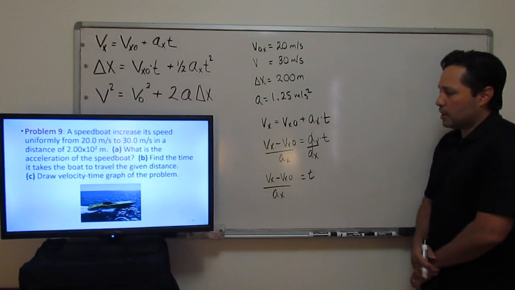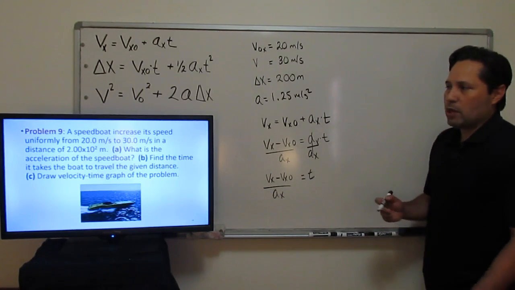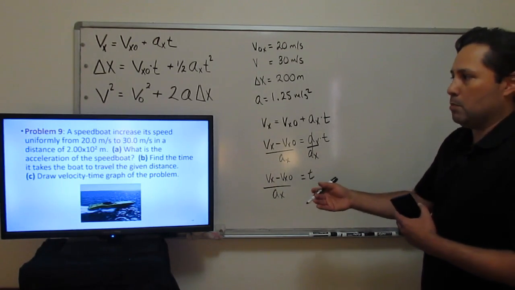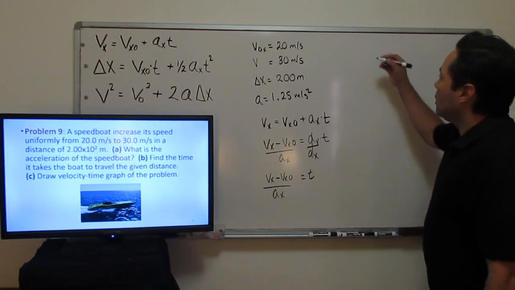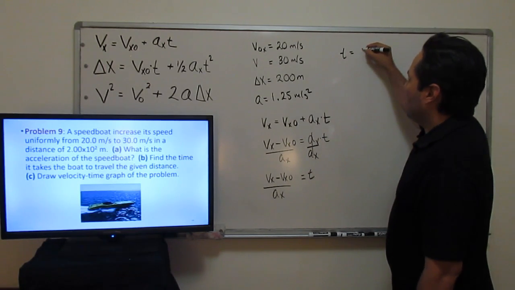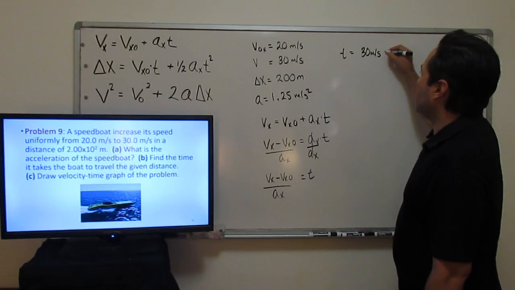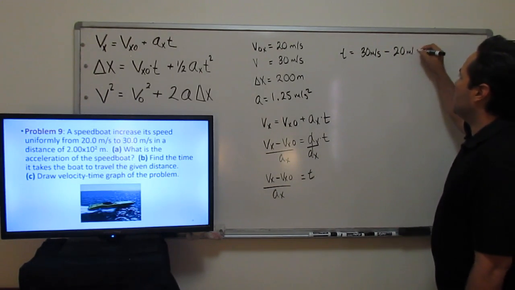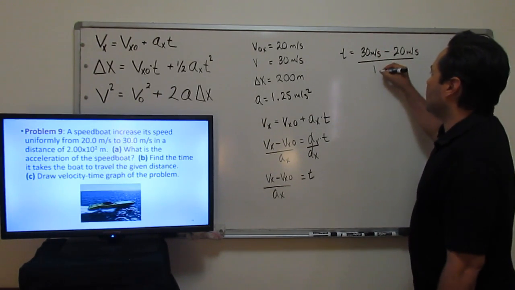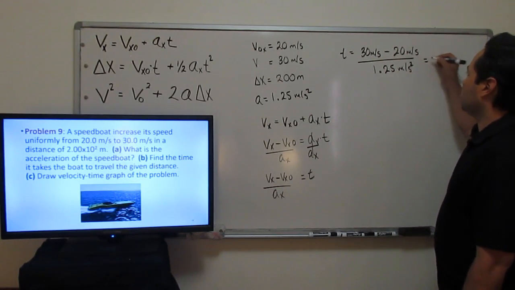Now that's the formula I'm going to use. Let's plug in the numbers to get how much time it took to go from 20 to 30 meters per second. So time: velocity was 30 meters per second minus 20 meters per second divided by the acceleration, 1.25 meters per second squared.